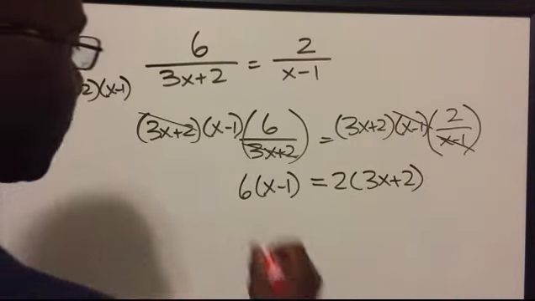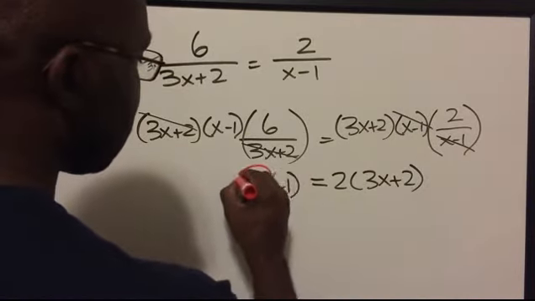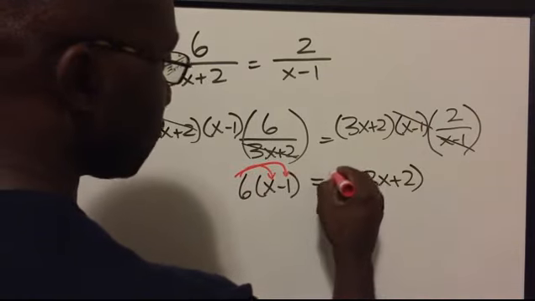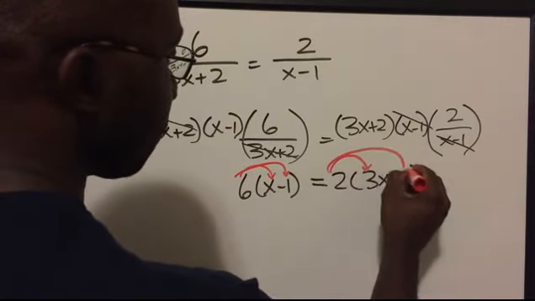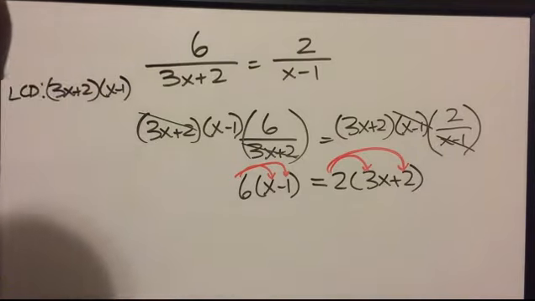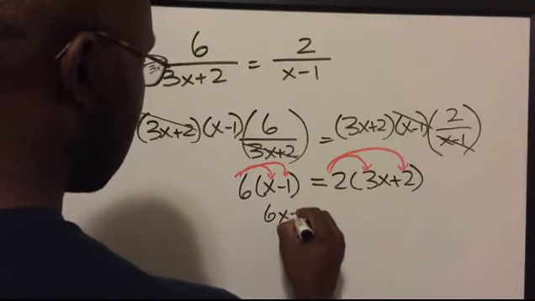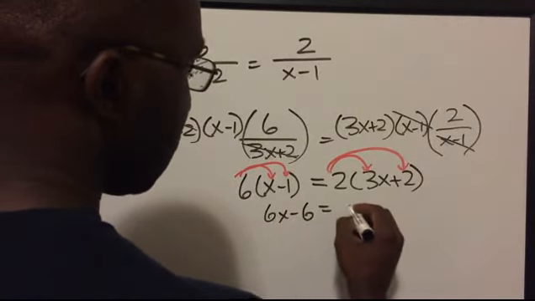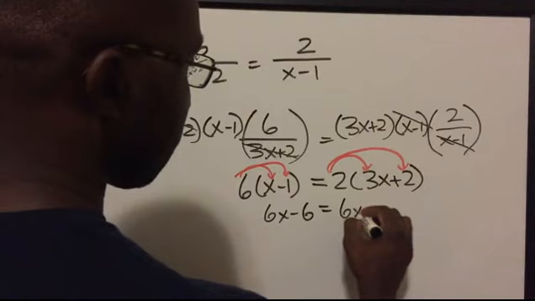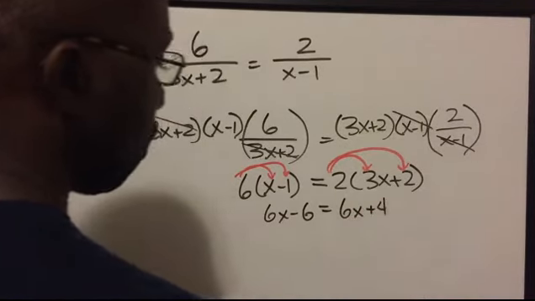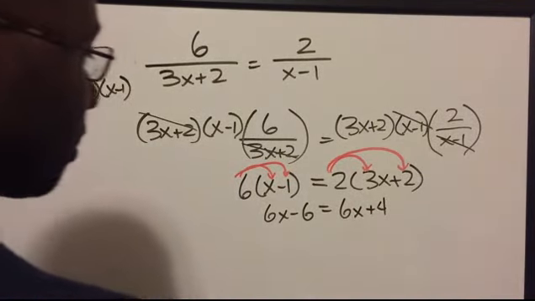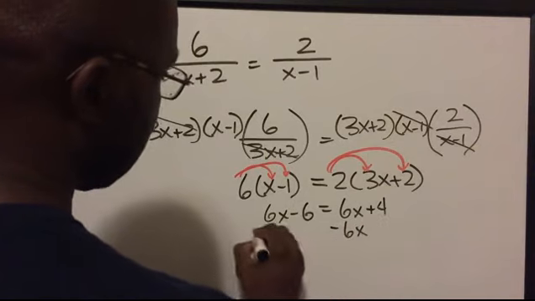You recall how we did that last class. As well, we're going to distribute this 2 throughout the parentheses there. Now, once we do that, what we will have is 6x minus 6 is equal to 6x plus 4. Then from there, let's subtract 6x from both sides.